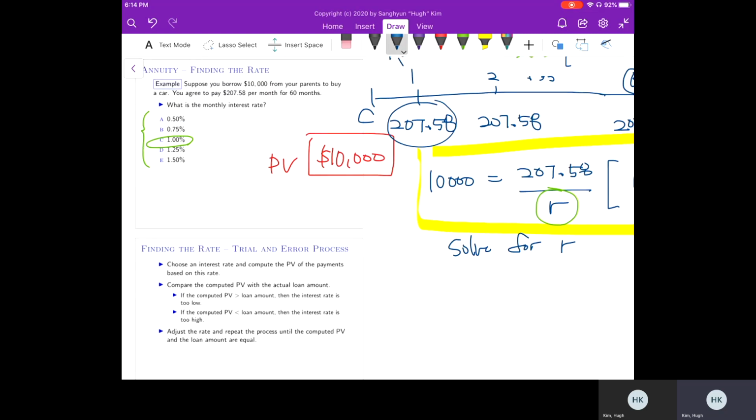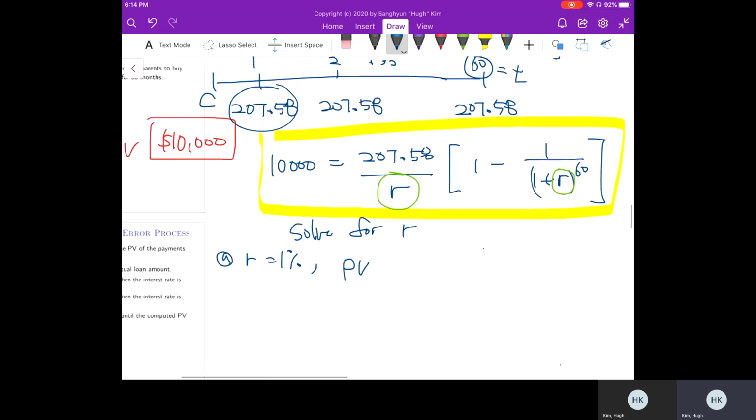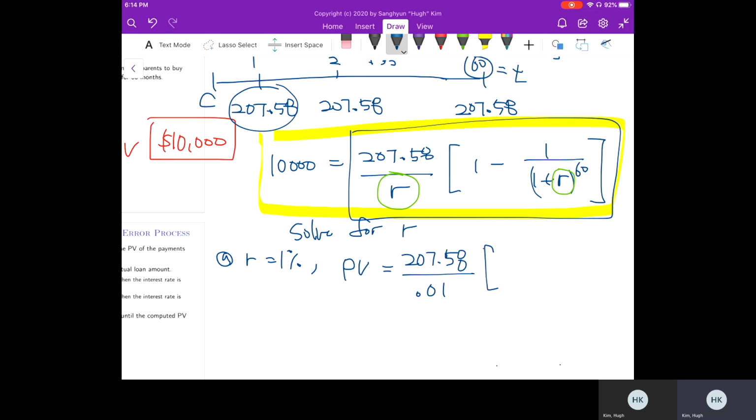I compute the present value at 1% interest. So at 1%, the present value is 7.58 over 0.01 times 1 minus 1 over 1 plus 0.01 raised to the power of 60.